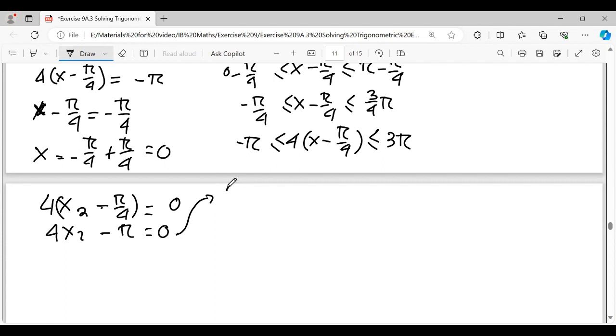So for x2, 4x2 minus pi equals 0, x2 equals pi over 4.